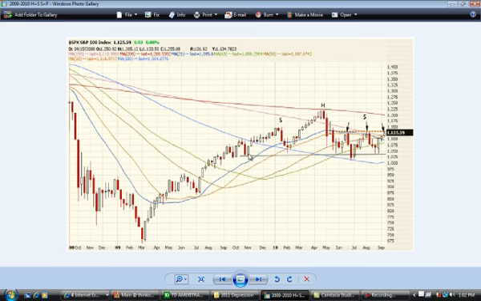Again, this is the Dow Jones from 1928 to 1930. What you have right here is the top before the Great Depression.